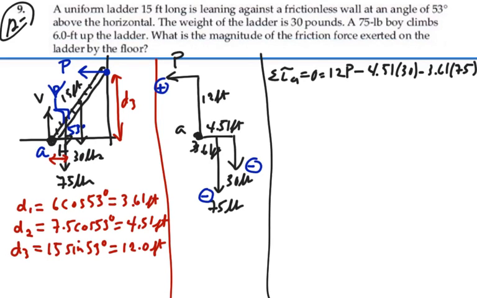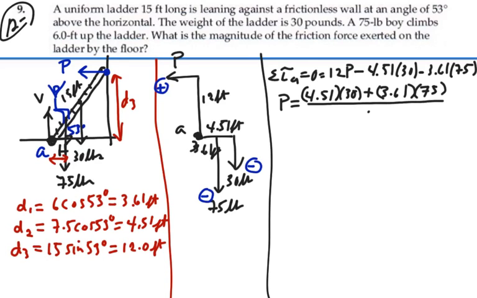We can solve this for P. P is going to equal 4.51 times 30 plus 3.61 times 75, all of this divided by 12. So that is 33.8 pounds. Nice to know. That is the force P, the normal force pushing on the ladder from the frictionless wall.